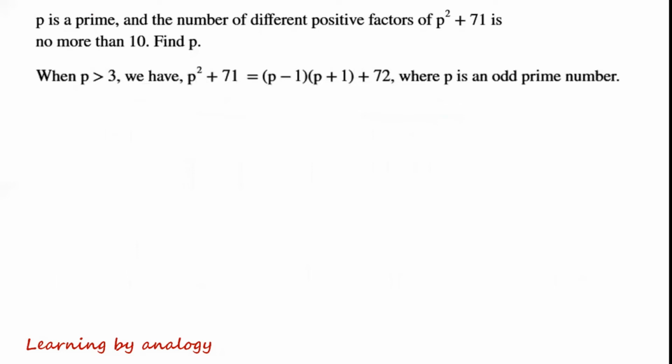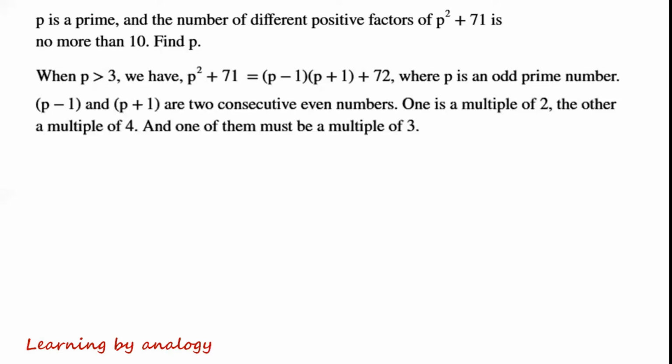When p is greater than 3, we have p squared plus 71 equals p minus 1 times p plus 1 plus 72, where p is an odd prime number. P minus 1 and p plus 1 are two consecutive even numbers.